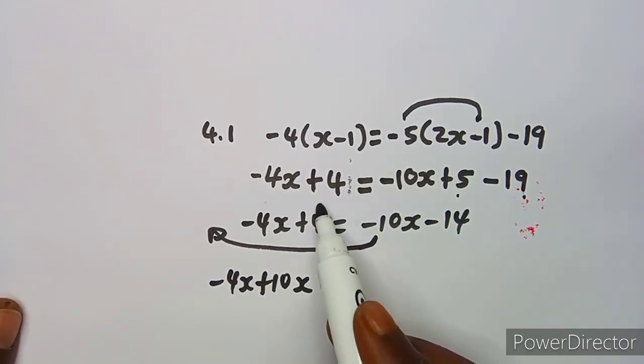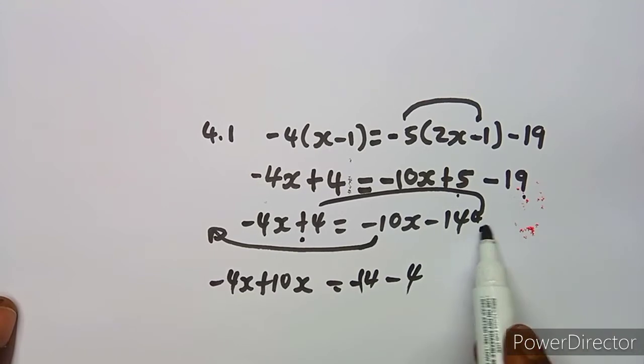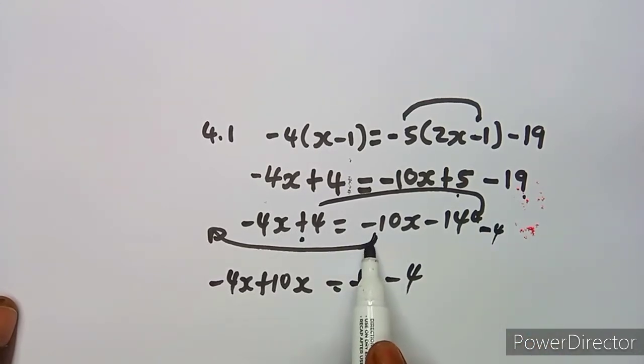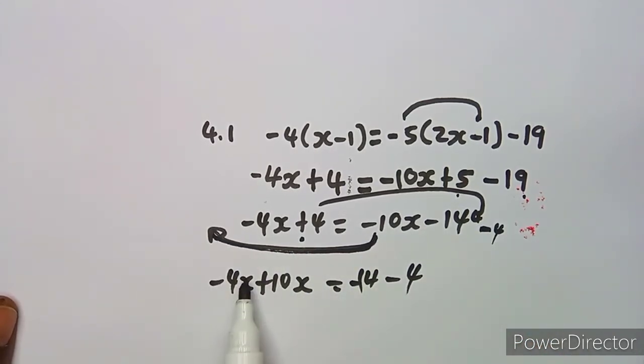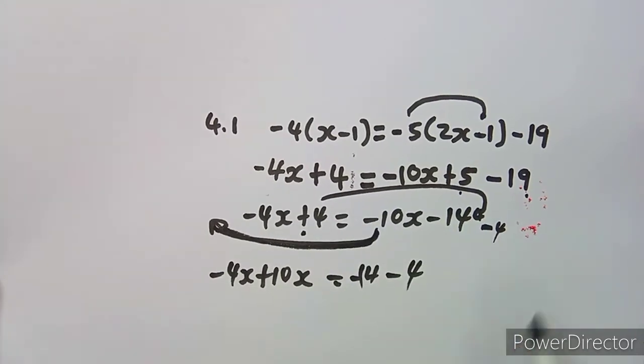Then I actually transpose this 4 to this side. It was a plus, so it's going to be a minus, so actually it's going to be minus 14 minus 4. This plus is now a minus 4. This 10 taken to this side is now a plus, so this is taken here and this is taken to the other term. That is collecting like terms.